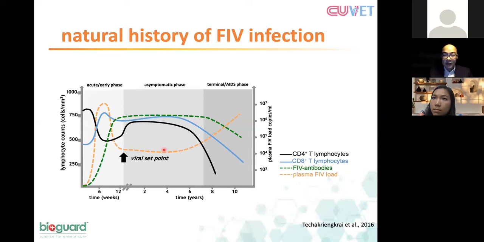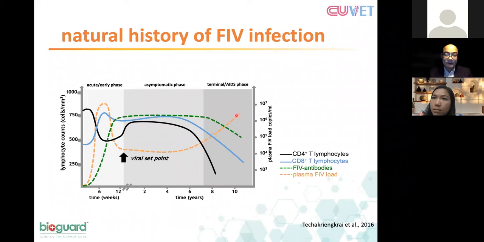After a certain period of time, I would say 3 to 5 years, you will see the decline in all the arms of the immune response: CD4 T lymphocytes, CD8 T lymphocytes, and also antibody, and also an unstoppable rise in the viral load.